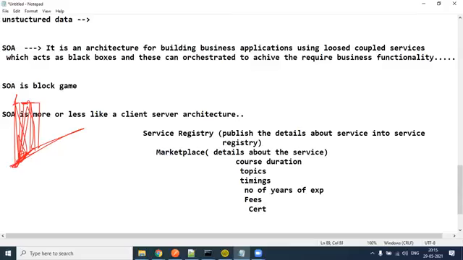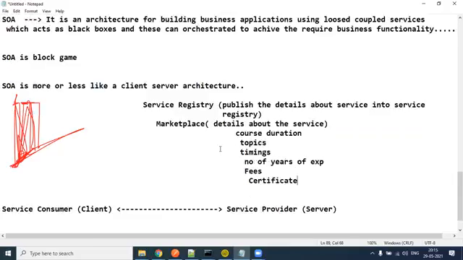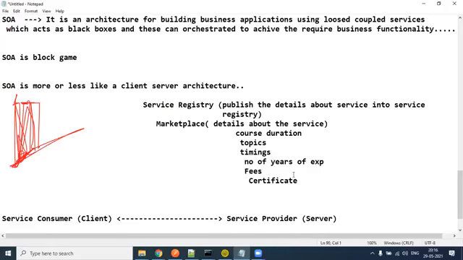I will publish all these details, which many people might see. Those who are interested need to contact me, and for that, what else do I need to publish? Phone number, contact details, which can be an email.